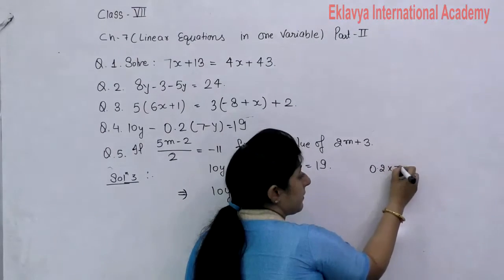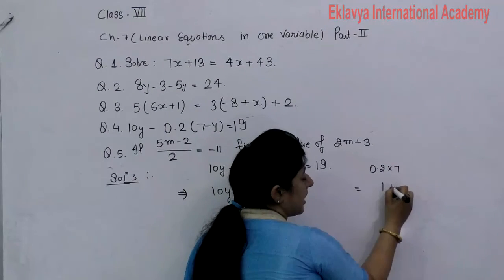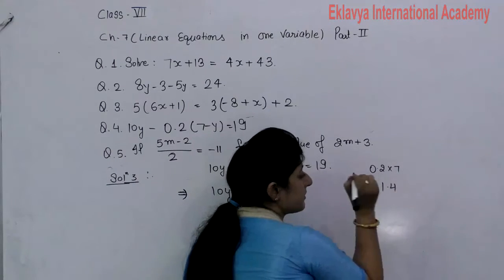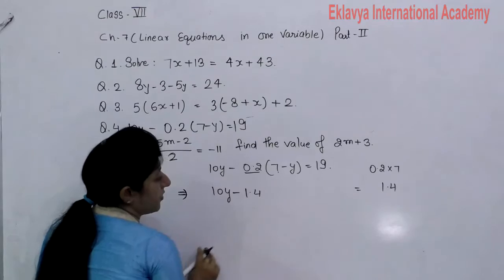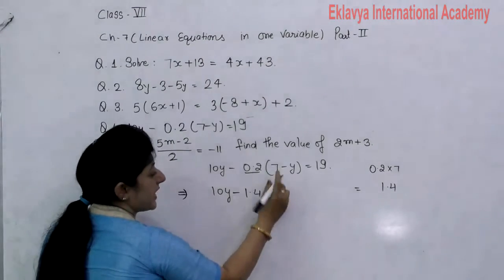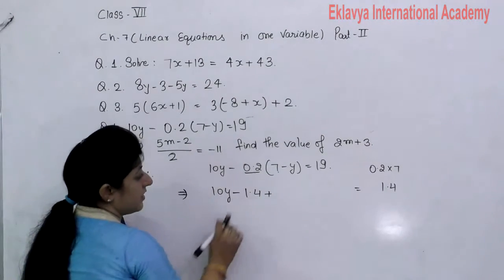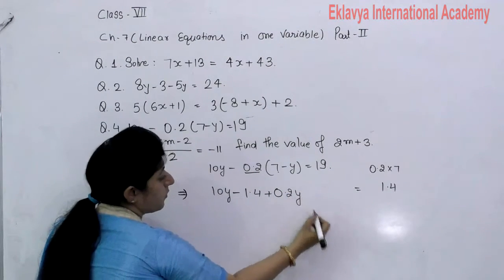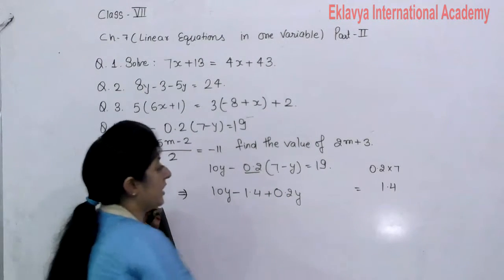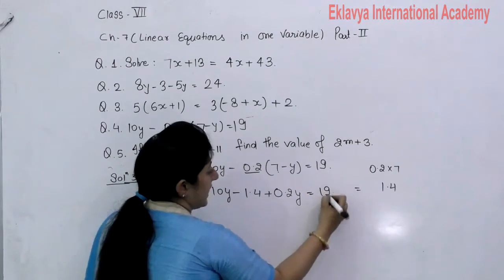0.2 multiplied by 7. 7 twos are 14, but with 1 decimal, it means this is equal to 1.4. Minus minus plus. 0.2 into y, 0.2y is equal to 19.